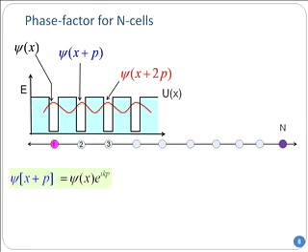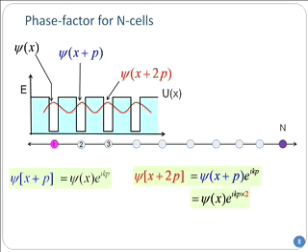If I wanted to go two steps, not one, then the second step I could relate back to the first step. And I could write that psi at twice the step is simply psi at the first step multiplied by the one phase factor. Right? You see this? And if the first one is already known from the left hand side, therefore I could write this.